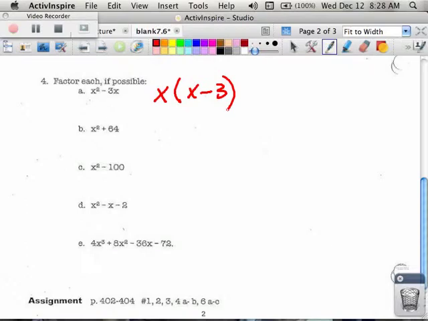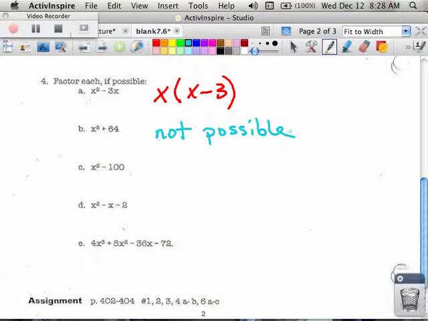In the second one, I see 2 terms, but there's no common factor. So then I think, oh, maybe it's the difference of 2 squares, which means the first thing's a perfect square, the last thing's a perfect square, and the thing in the middle is a minus sign. Does that work? No, because there's not a minus sign in between. So this is a not possible factorization. If there would have been a minus sign in between, it would have been possible.